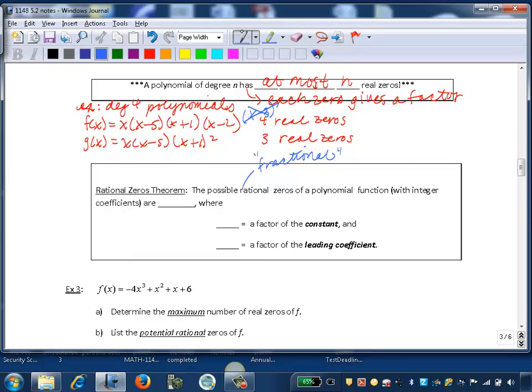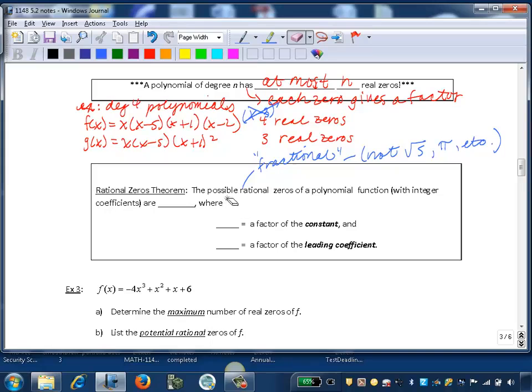But it would not include square roots that we can't simplify, such as the square root of 5, or irrational numbers like pi, etc. So this theorem is only talking about the possible rational zeros, the ones that can be written as a fraction.